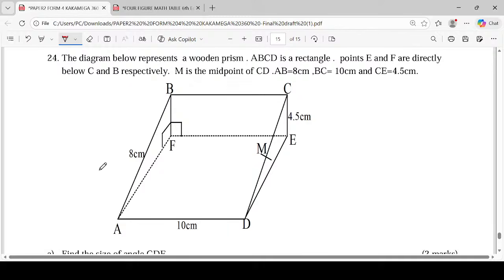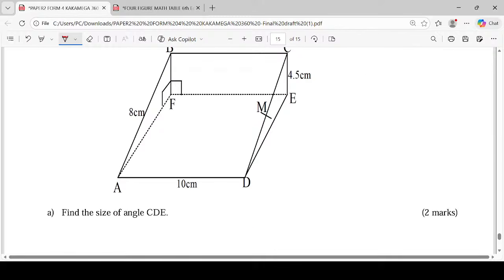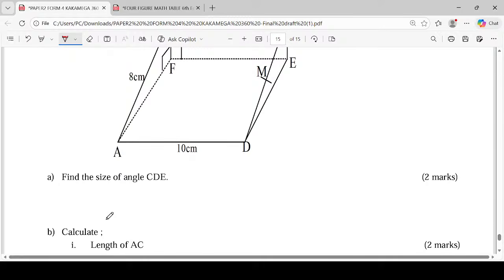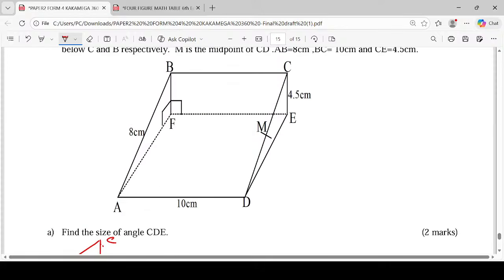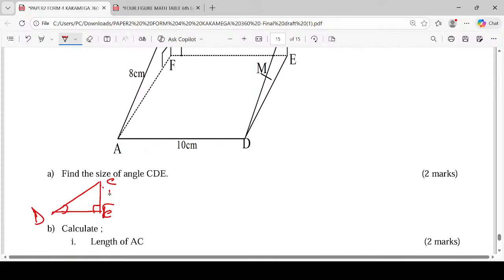Part A says find the size of angle CDE. That's a very simple angle. It is an angle that looks this way. Here this angle at C is 90 degrees. How do we get it? This is 4.5 and this is 8.